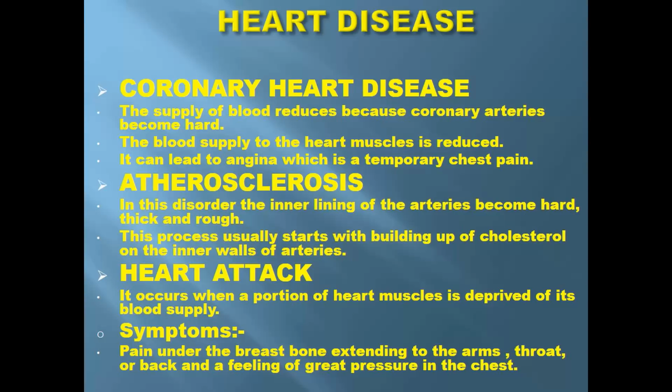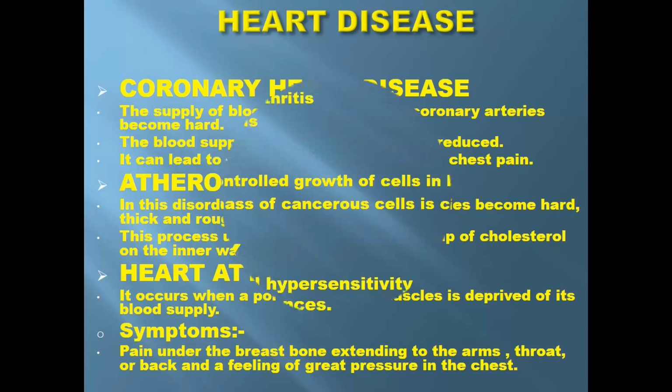It occurs when a portion of heart muscle is deprived of its blood supply. The symptoms of heart diseases are pain under the breastbone extending to the arms, throat, or back, and a feeling of great pressure in the chest.